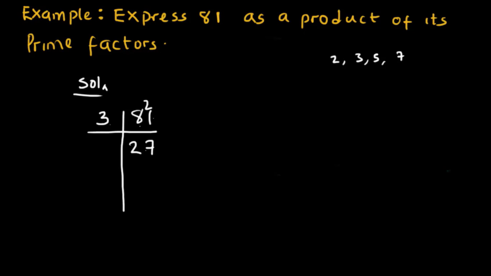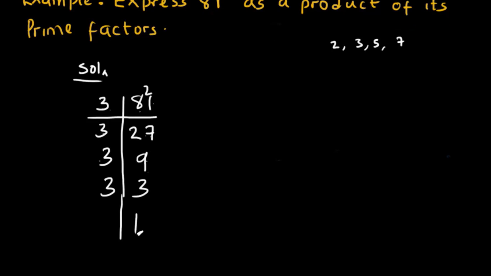3 can still go in 27. 3 in 27 will give us 9, because 3 times 9 is 27. Now 3 can go in 9. 3 in 9 is 3, because 3 times 3 is 9. 3 in 3 is 1. Does that make sense? Now when we get to 1, we just stop.